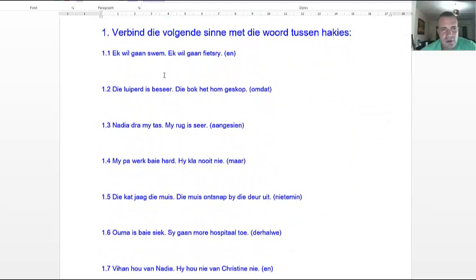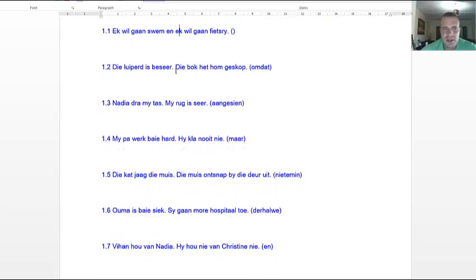So have a look here. So ek wil gaan swem, ek wil gaan fietsry. En is group 1. You're going to put it in there. Okay, it's group 1. There's no change in the word order at all. Okay. Die luiperd is beseer, die bok het hom geskop.